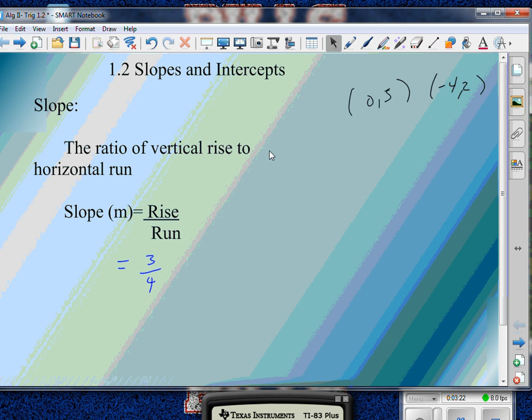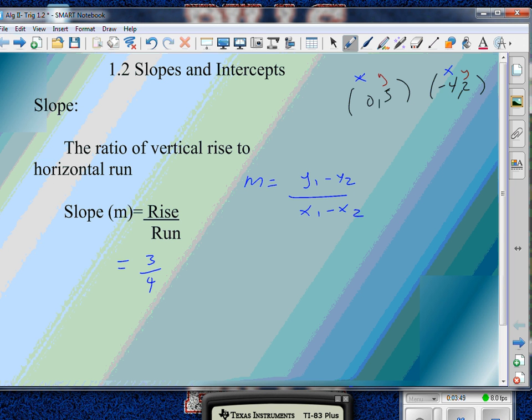Now, using that formula, m equals y1 minus y2 over x1 minus x2. You have x values and y values. Which ones are my x values? 0 and -4. Which one's my y values? 5 and 2.